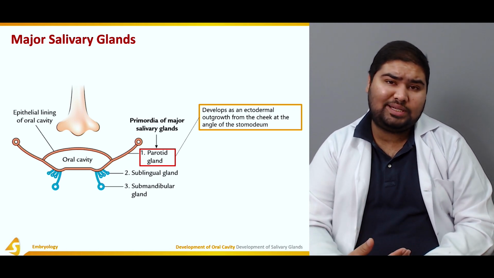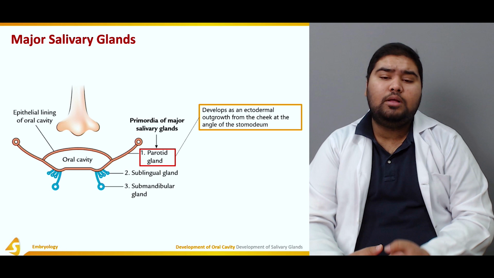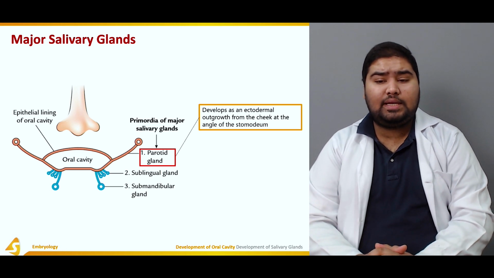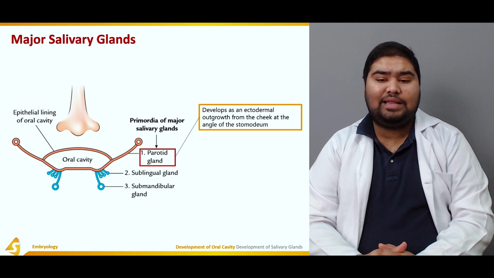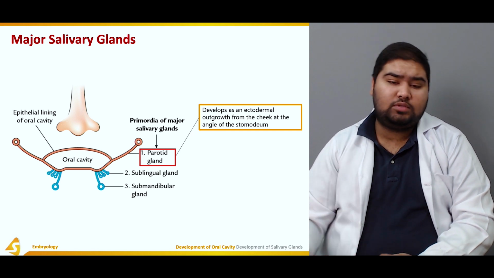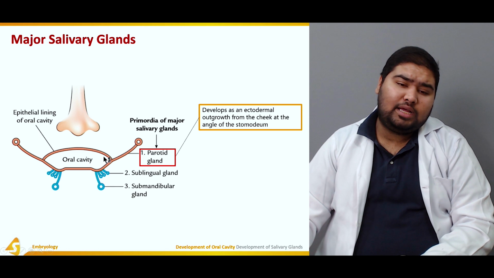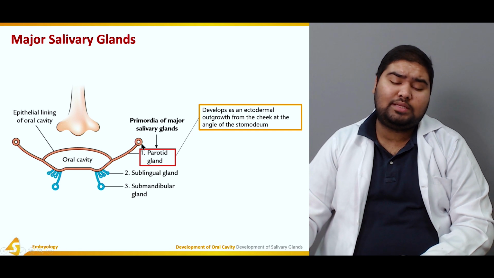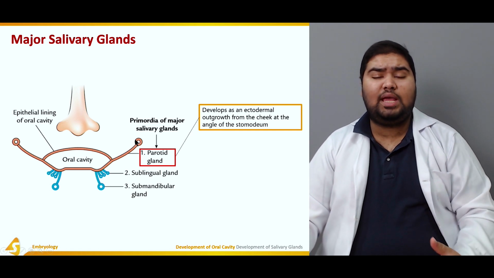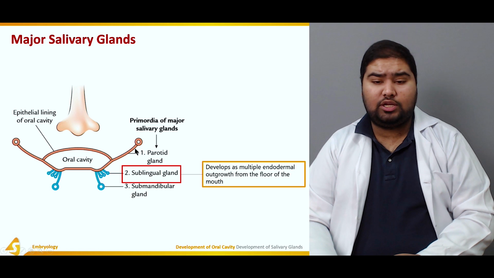It's important, it's ectodermal in origin. So it develops as an ectodermal outgrowth from the cheek at the angle of the stomodium. Here you can see this is the stomodium or the oral cavity, and this is the angle of the stomodium. At the angle of the stomodium, it develops from the cheek and it is ectodermal in origin.